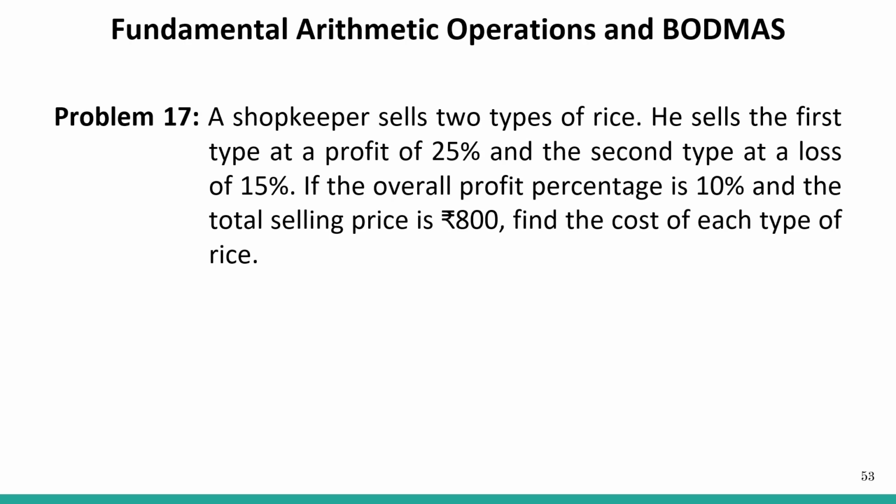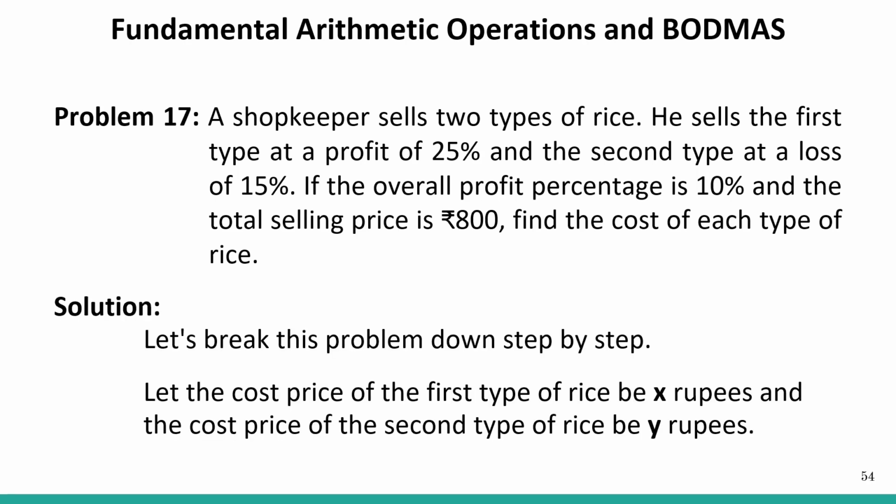So let's see problem number 17. A shopkeeper sells two types of rice. He sells the first type at a profit of 25% and the second type at a loss of 15%. If the overall profit percentage is 10%, then the total selling price is 800. Find the cost of each type of rice. So let's break the problem. Let the cost price of the first type of rice be x and the second type be y.